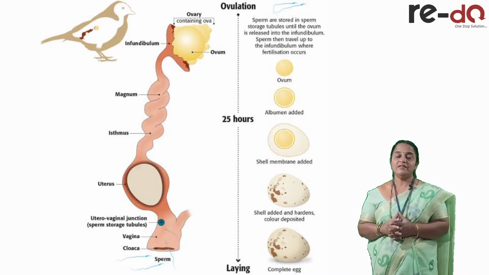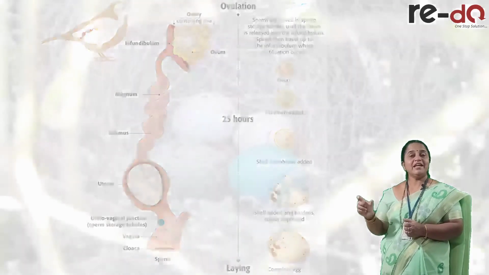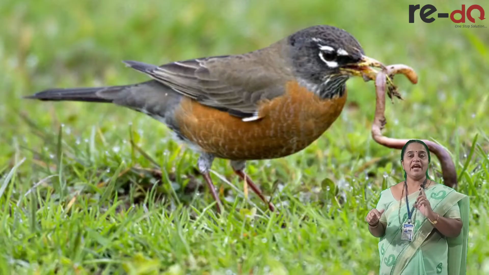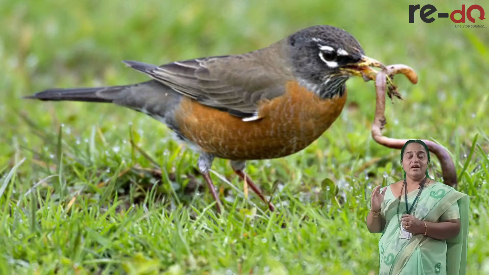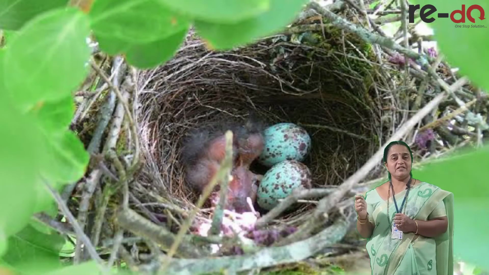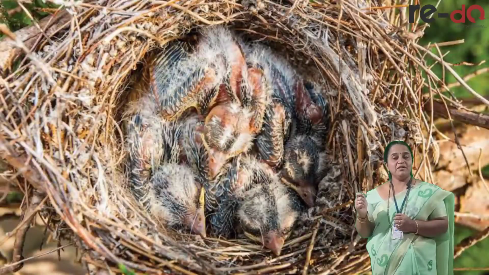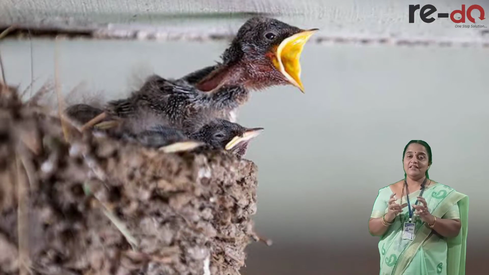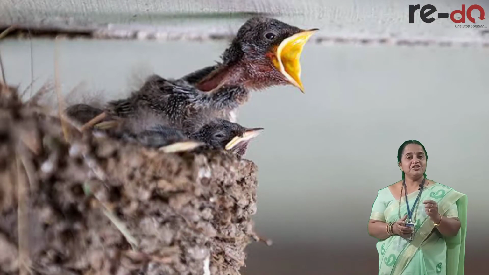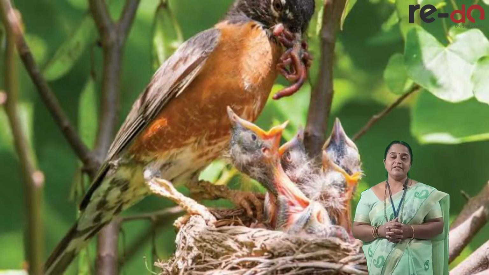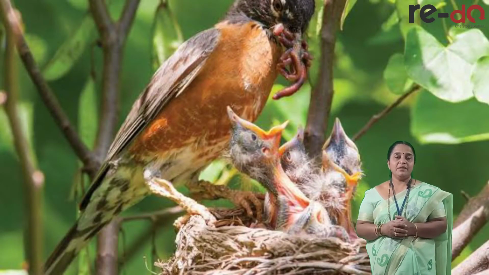Now the duty begins. The female will take care of the eggs and the male has to protect the female and gather the food. After full development, the tiny chicks, the young birds, hatch out from the eggs. These tiny chicklets are nourished by the mother bird and protected from the predators along with the male bird.